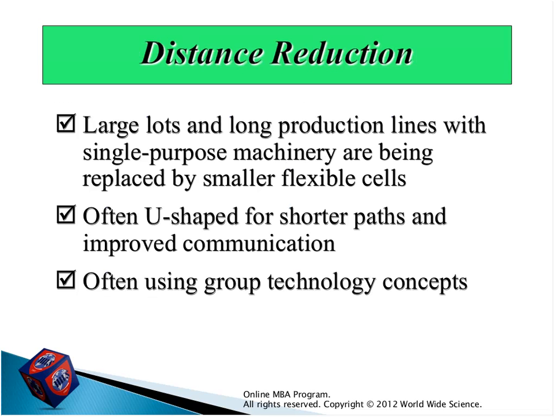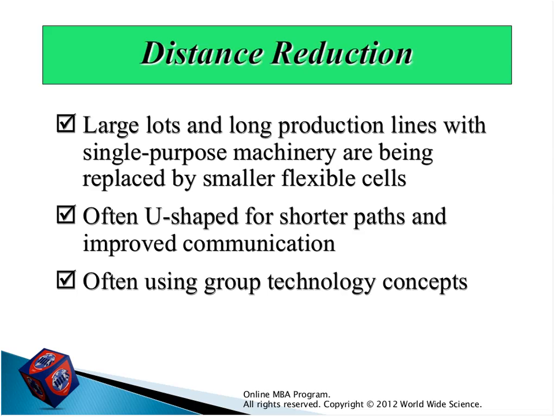Distance reduction. Reducing distance is a major contribution of work cells, work centers, and focus factories. The days of long production lines and huge economic lots with goods passing through monumental single operating machines are gone.